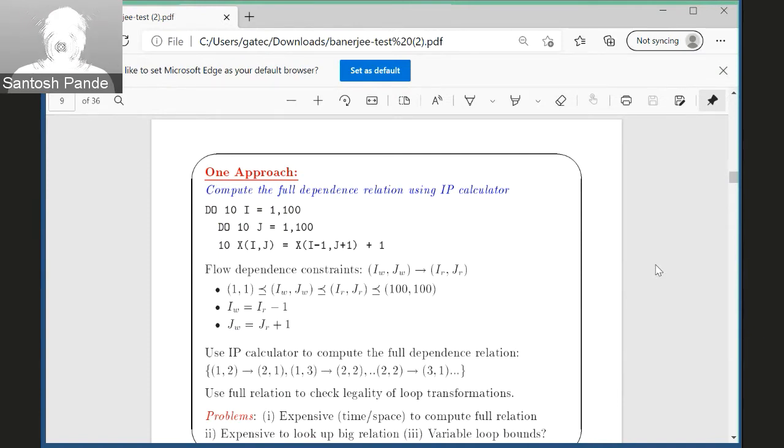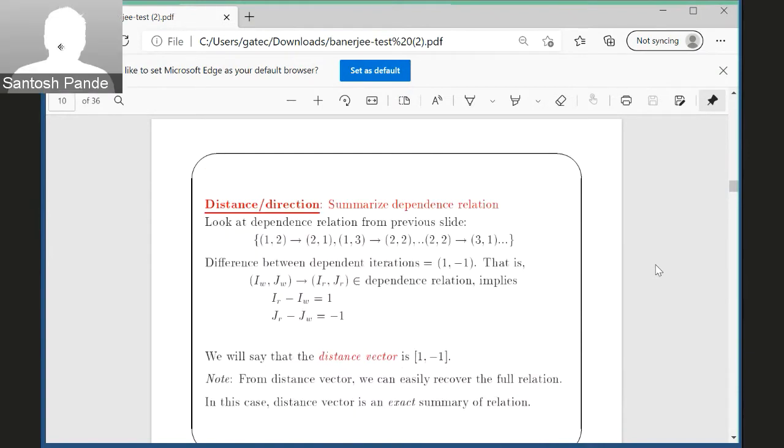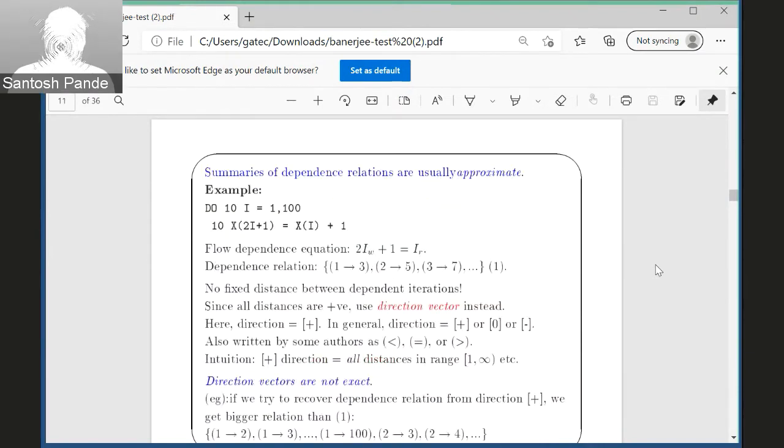Sometimes even n is symbolically not known to us, and it won't work in general. So what we want to do here is be able to calculate either the dependence distance or direction vector, and then find out if there exists a dependence, that kind of an approach.